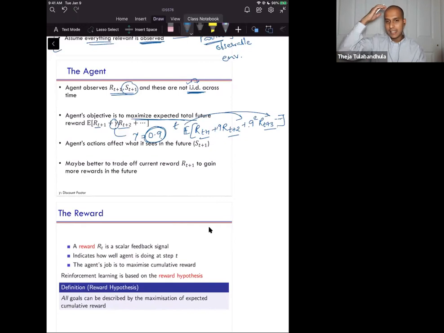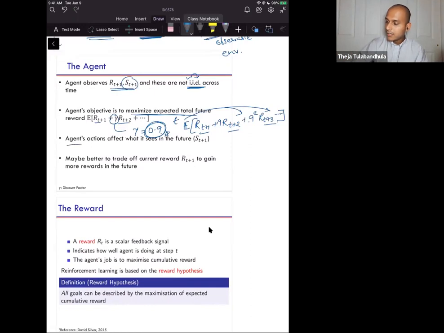If you have factors like that, then the sum is not running away to infinity, basically. So we'll revisit this if needed later. And as I said, the agent's actions influence what it sees in the future. If I brake now, I'll see a different environment. If I accelerate now, I'll see a different environment. And of course, if I turn left, I'll see a different environment than if I take an action which is turn right.